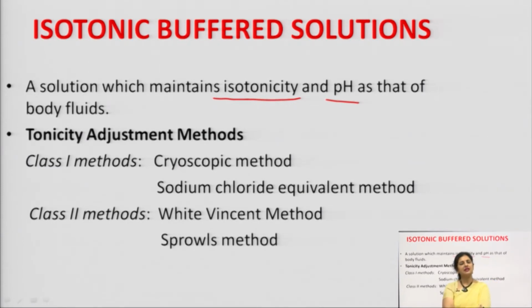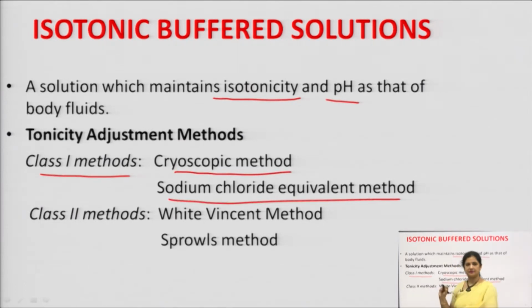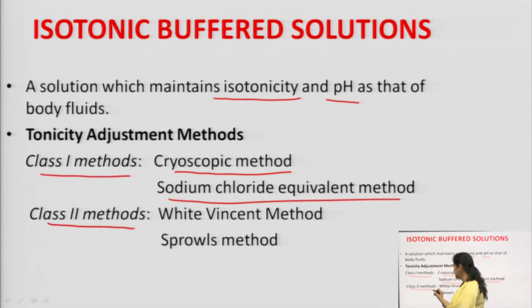In order to make the adjustment, we have two broad methods. Number one is class 1 method, which includes cryoscopic method and sodium chloride equivalent method. Other is class 2 method, which includes White-Vincent method and Sproul method. We shall study one by one all these methods.